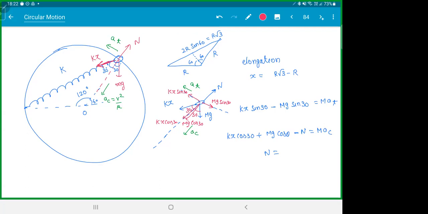A centripetal is straightforward, v square by R. Clear with this? Clear? Next one.